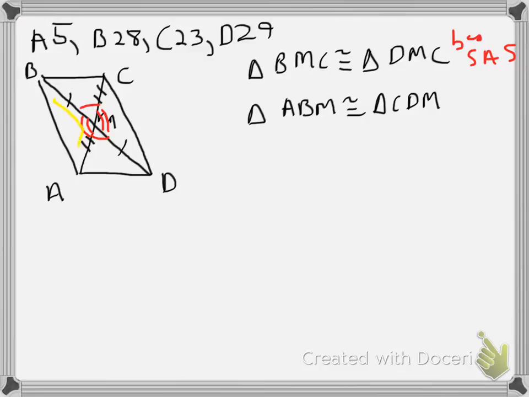This triangle, so it's A to B to M. So that means I have to start at the top here, C to D to M. They're going to be the same as well by side angle side. Exact same information. The difference is the angle that we used was the left and right vertical angles.